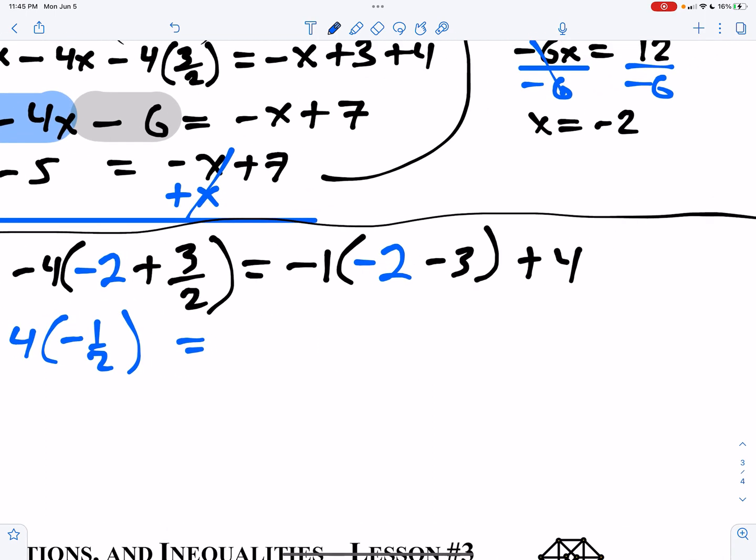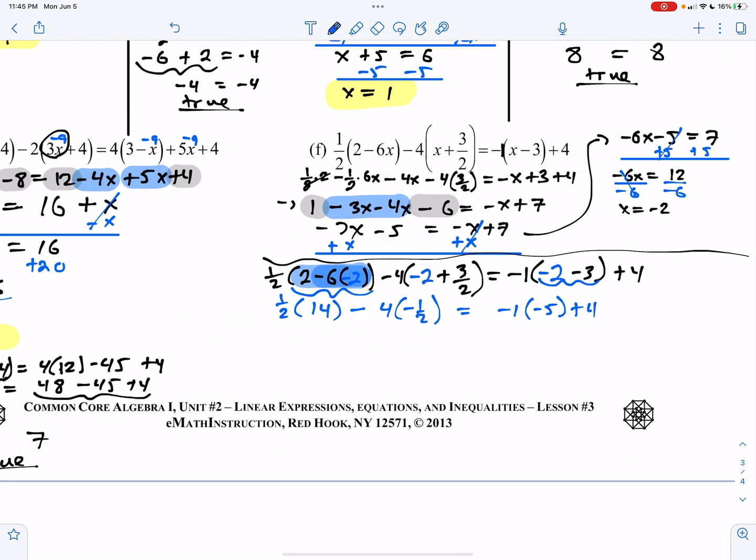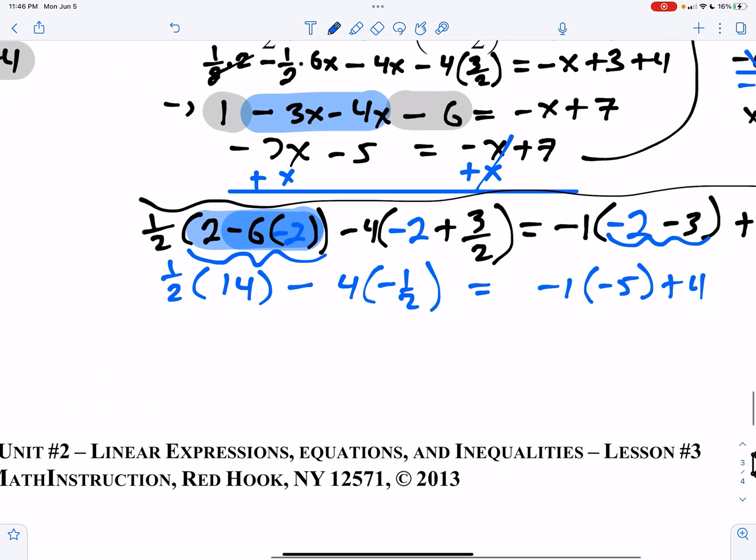Okay, and over on this side, we're going to go negative 2 minus 3 would be negative 5, and then we're going to add 4 to it. Okay, so just kind of cleaning this up, 1/2 of 14 would be 7, minus, or actually minus a minus is a plus, so plus 1/2 of 4 would be 2. That, of course, gives you 9.